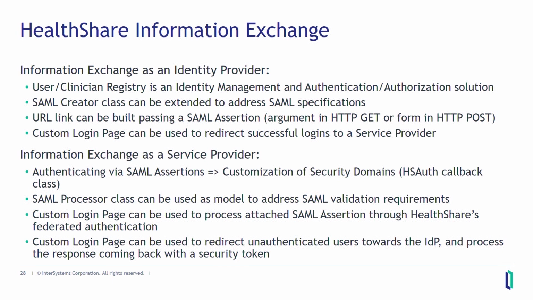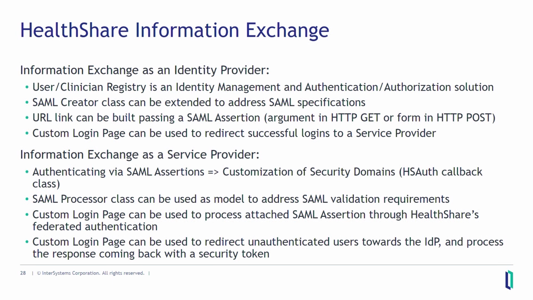So using information exchange, you have your two options. If you want information exchange as an identity provider, what you may want to do is use the user clinician registry as an identity management and authentication authorization solution. Then you can leverage the SAML creator class to address the SAML specifications you just decided.